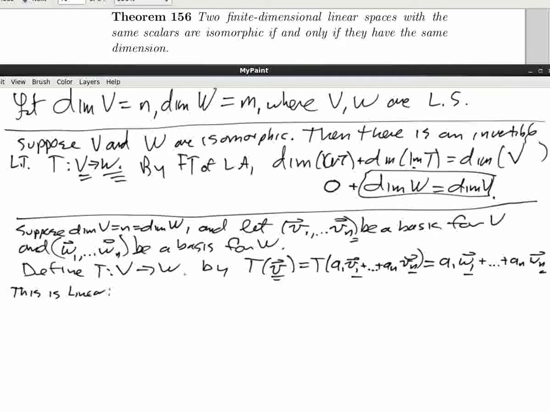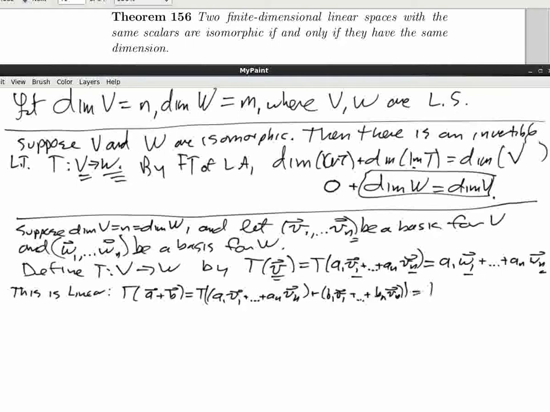This is linear. Suppose you have T of A plus B, that's equal to T of, how about, A1 V1 plus dot dot dot plus AN VN. I'm being a little sloppy with my defining stuff, just defining it verbally. Suppose A can be written as a linear combination of the basis elements like that and B like that.